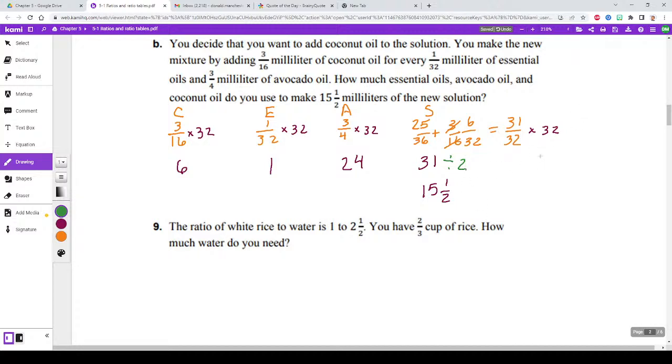So just to make sure that you see this, 15.5 divided by 31 is 1/2. So maybe I should have written it that way. I know I'm not consistent and I'm trying to be better. So we're going to multiply everything by 1/2.